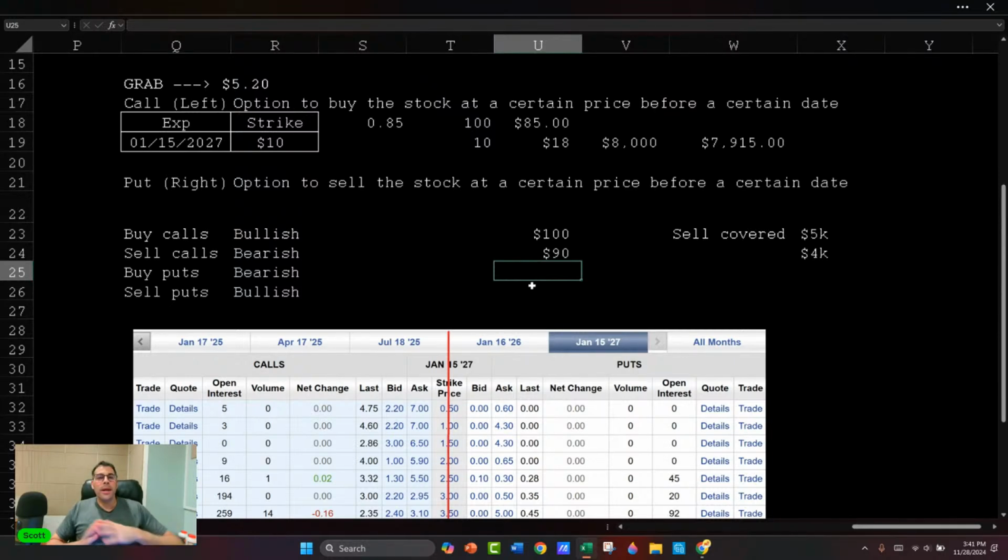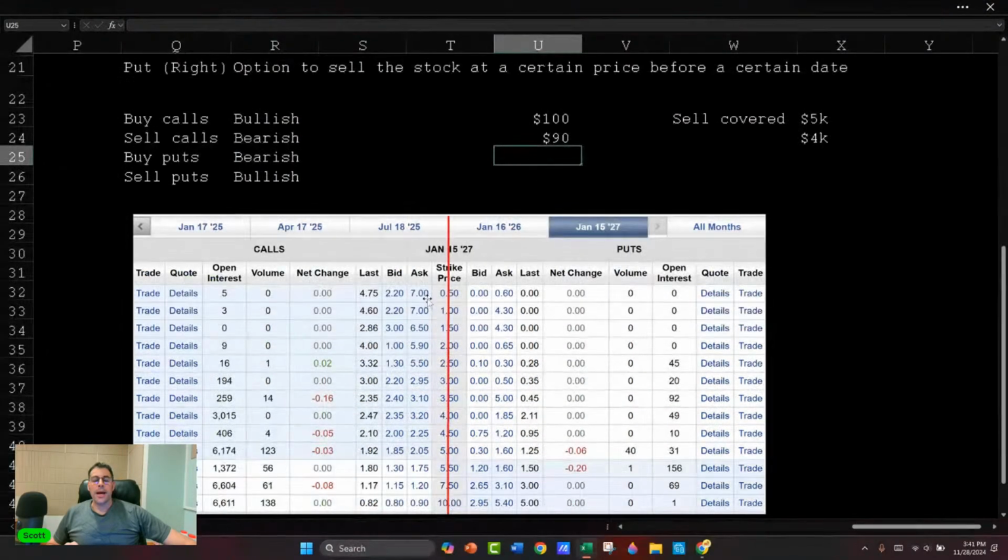So it's great if the stock is flat. If you have a stock that doesn't move for years, you could still make money on the stock by selling covered calls. But I got my stock called away once, and it just wiped out all the gains I had made in the past, picking up a few $100s here and there. So usually it doesn't turn out to be that much money.